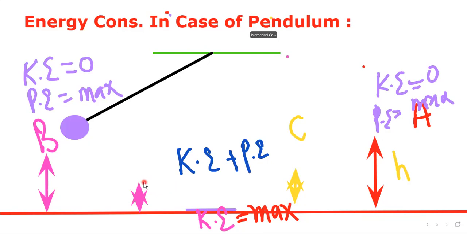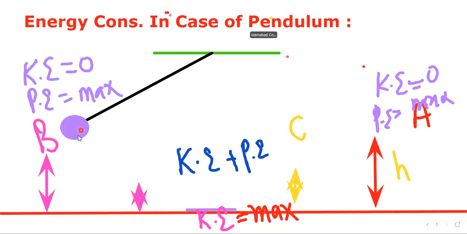Some of its kinetic energy is converted into potential energy. Whatever the amount of potential energy was 0, now maybe 1 time, maybe 2 times, 3 times, the potential energy is increased, whereas the kinetic energy is decreased by the same amount.